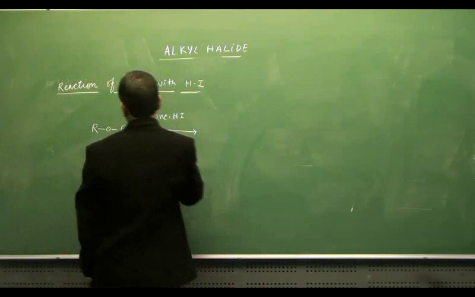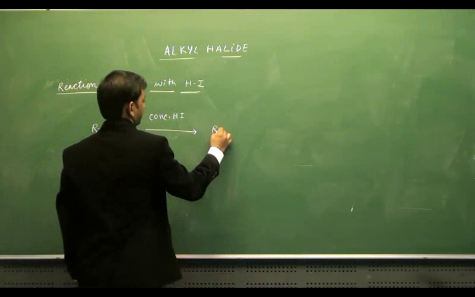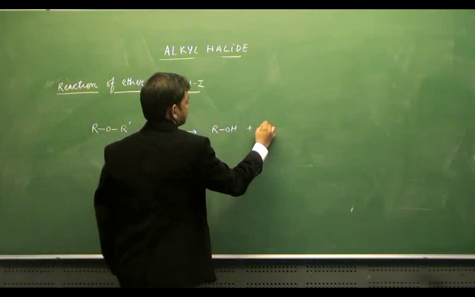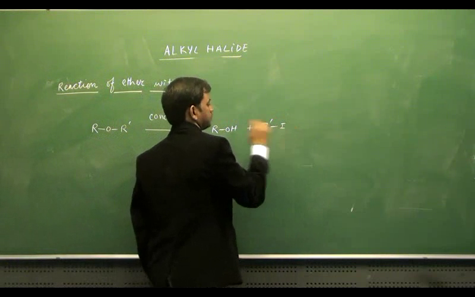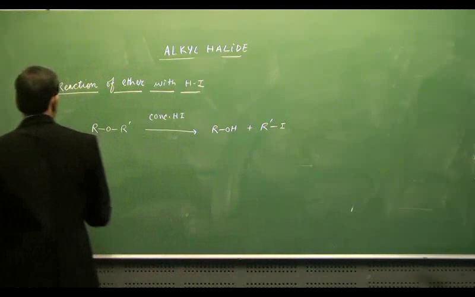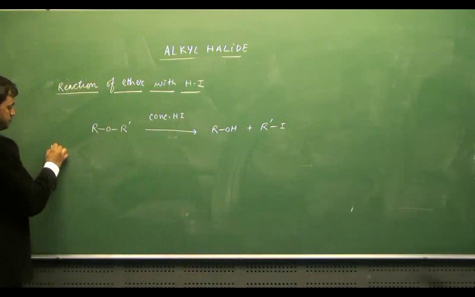Let us see concentrate HI. It gives ROH plus R dash I. You see the mechanism with concentrate HI.